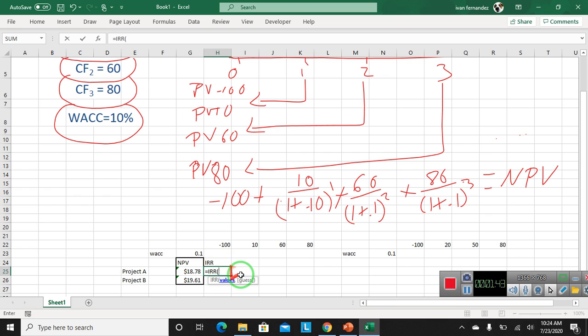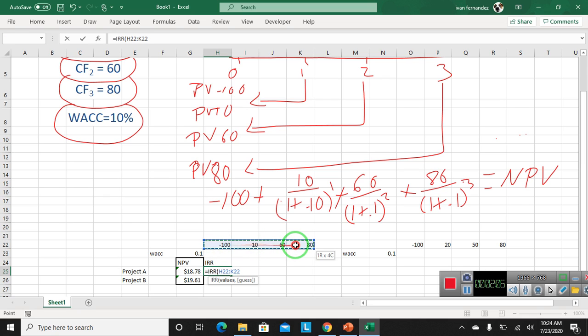And now you're going to highlight the values. Now, I told you in the previous video how completely insane the net present value calculation is in Excel. I don't understand what they were thinking. Because for the IRR, they actually got it right. The IRR calculation is properly coded in Excel.